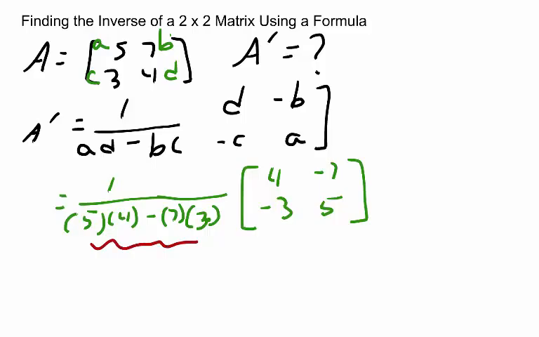If we simplify our fraction, we get 1 over 20 minus 21. That gives us 1 over negative 1, which is simply negative 1.